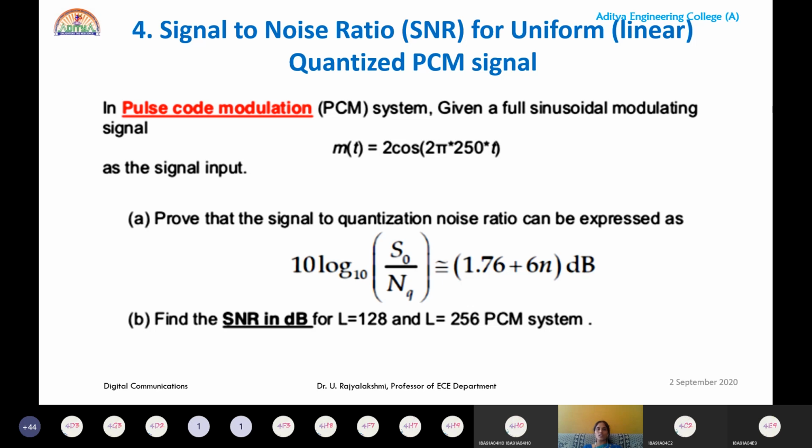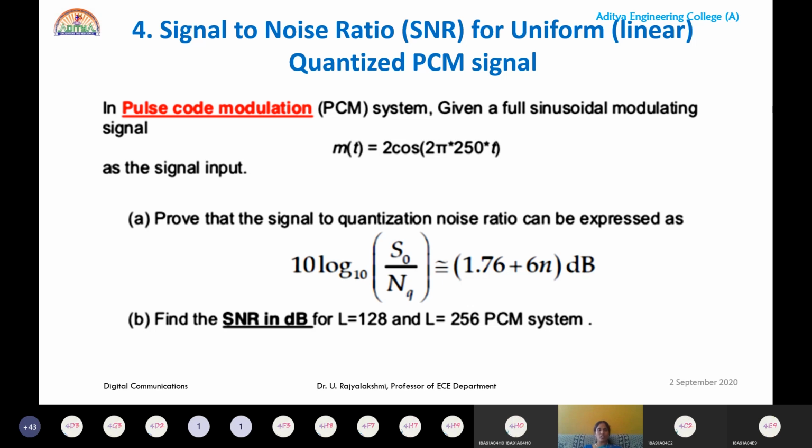Already you know the generalized expression. 10 log SNR means that you are going to calculate the SNR in decibels for this type of m of t expression. Next, you are given different values of L, and you are supposed to calculate the SNR. This type of problem we can see in the next class.